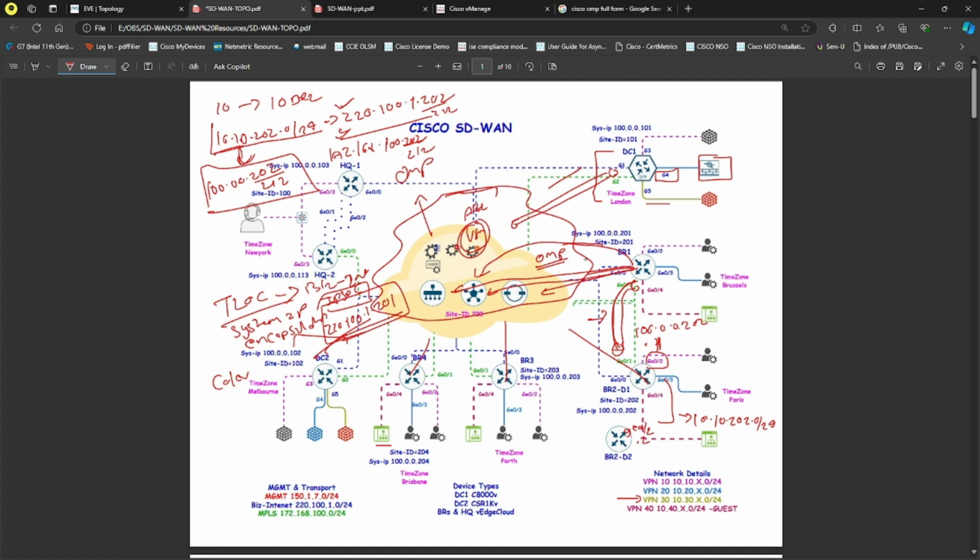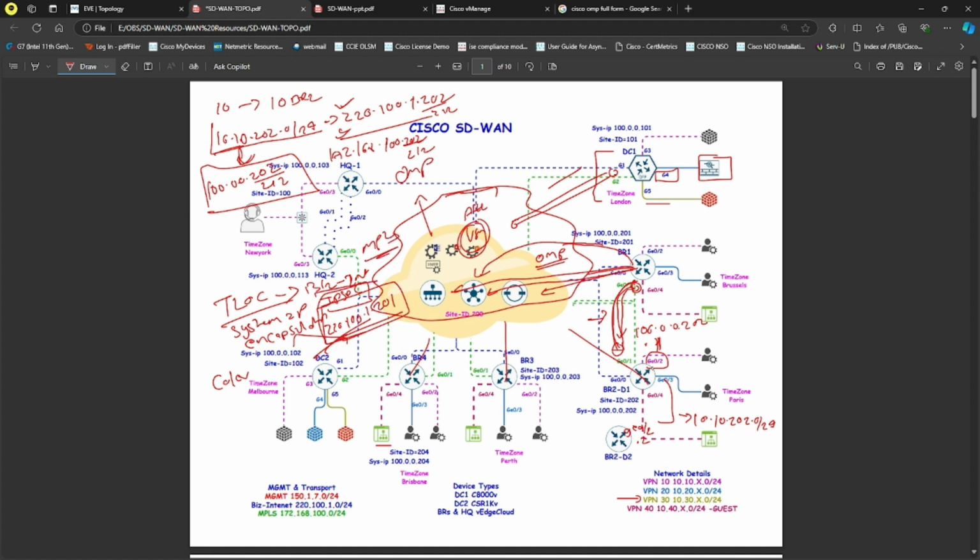Since it is a mesh configuration, all the devices should have their tunnels formed with the respective devices, all of the branches, making it a one-hop stop. Now I have two different ways to go to branch 2 for this prefix: one via the business color, another via the MPLS.